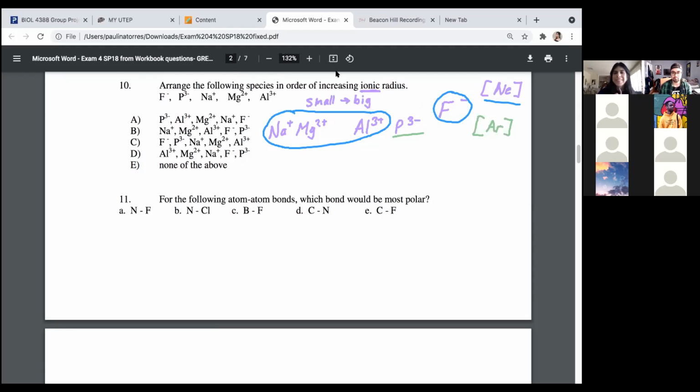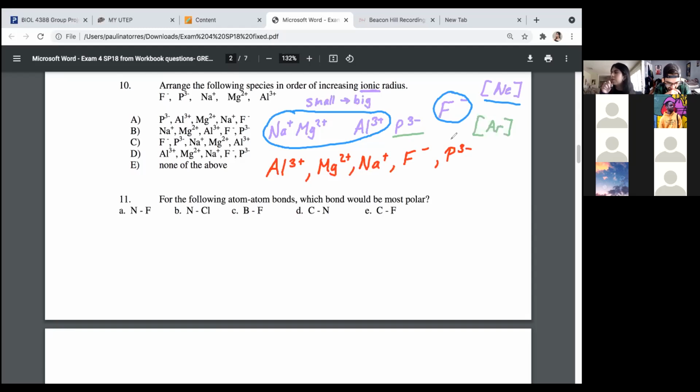I didn't see. Yes, aluminum. Aluminum, perfect. So I couldn't see who was speaking at the beginning, but good job. Aluminum would be the smallest. And then we would go to magnesium, right? And then sodium, then fluorine. And finally, we would have P3 minus.